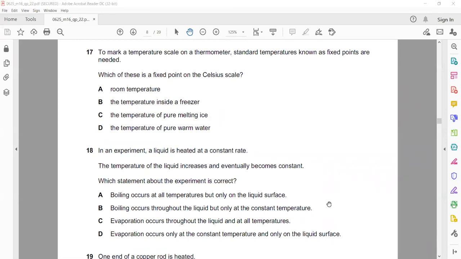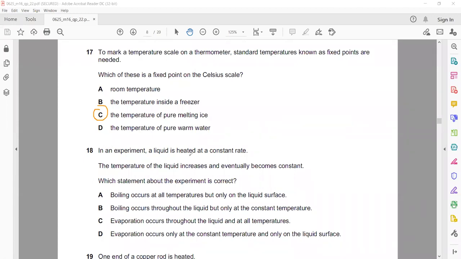Which of these is a fixed point on the Celsius scale? C is the right answer because the temperature of pure melting ice is a fixed temperature, as is the temperature of pure boiling water.